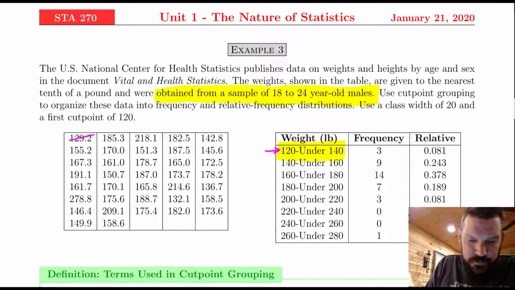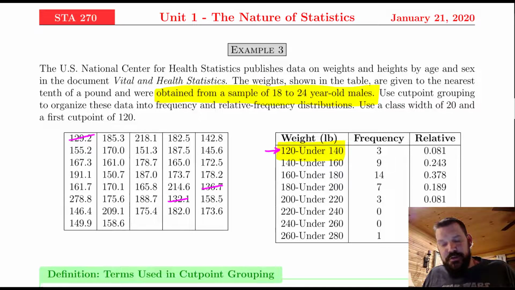So here's 1, 2, 3, and that's it. We have 3 values that are between 120 up to and not including 140 pounds, and that's indicated right here. We have a frequency of 3.